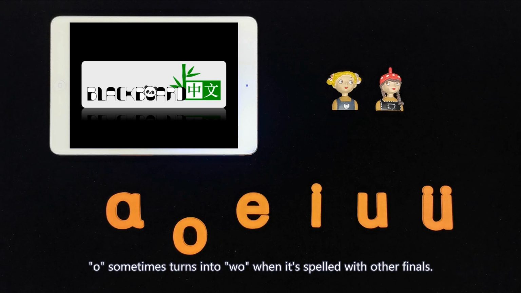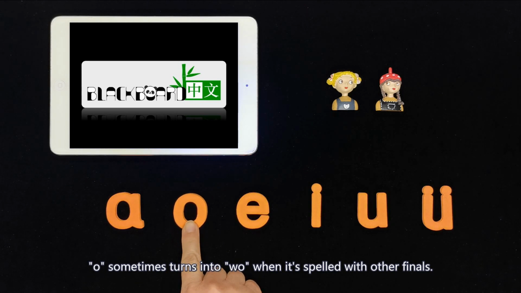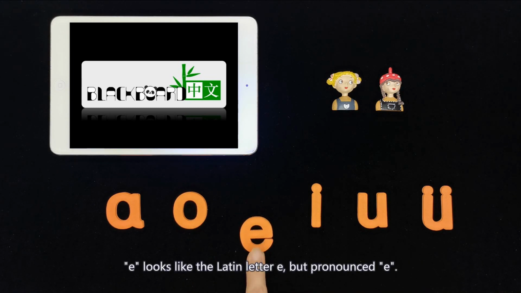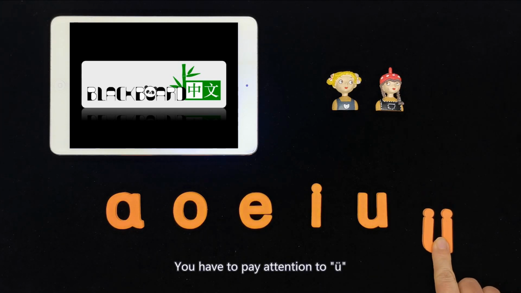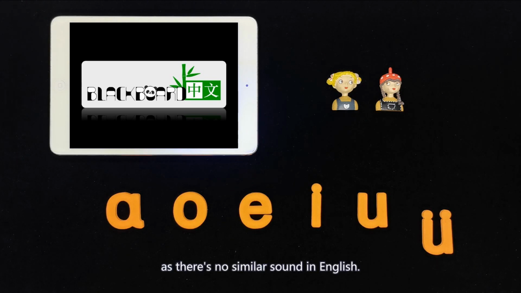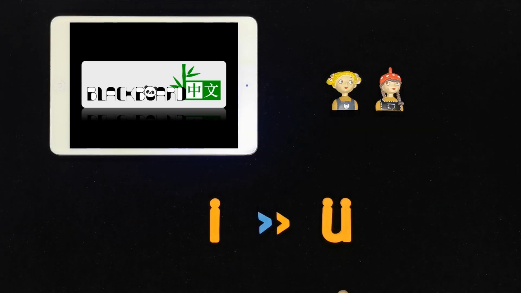O sometimes turns into wo when it's spelled with other finals. Looks like the Latin letter E, but pronounced differently. You have to pay attention to yu, as there's no similar sound in English. We can get yu from yi.